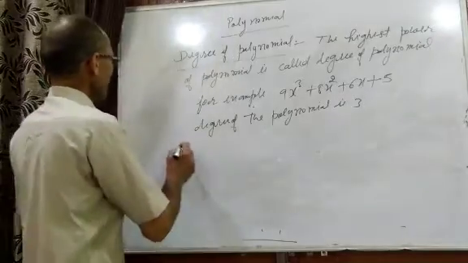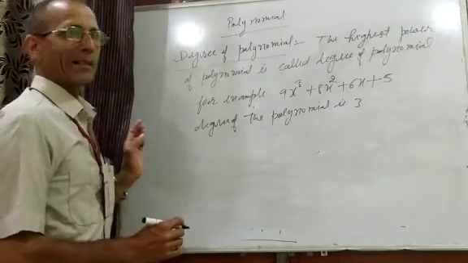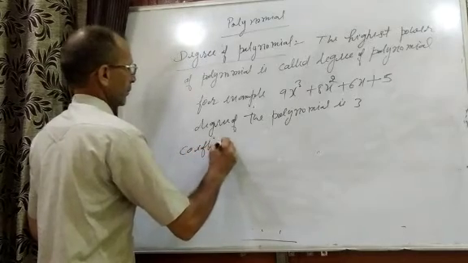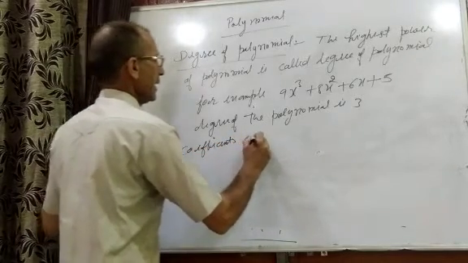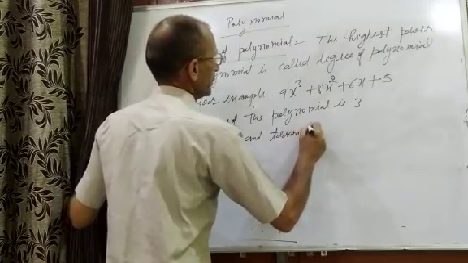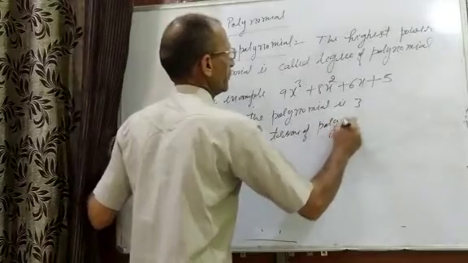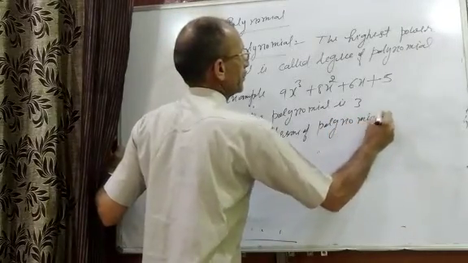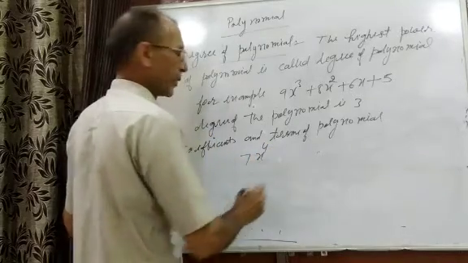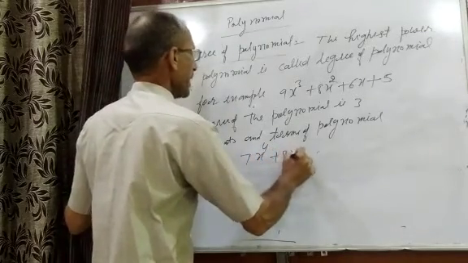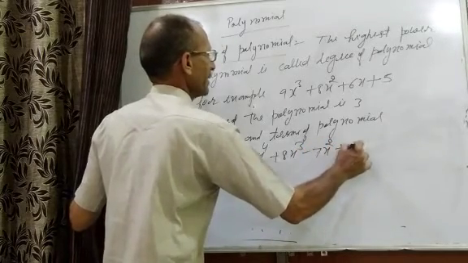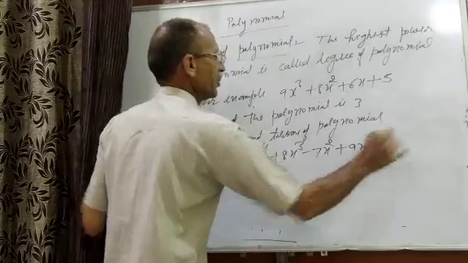Next, coefficient and terms of polynomials. Seven x raised to the power 4 plus 8x cubed minus 7x square plus 9x minus 2.